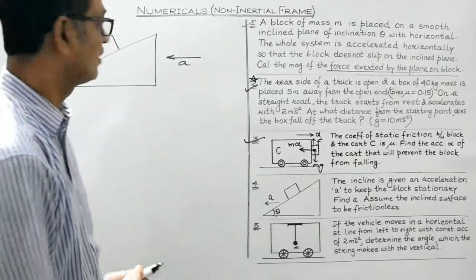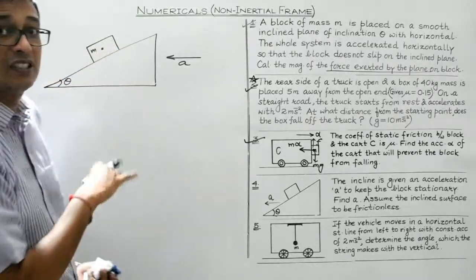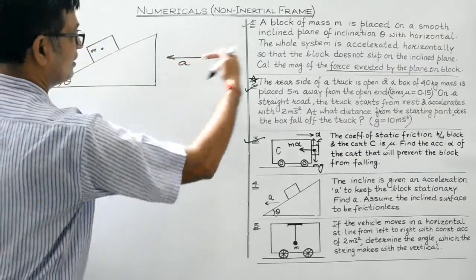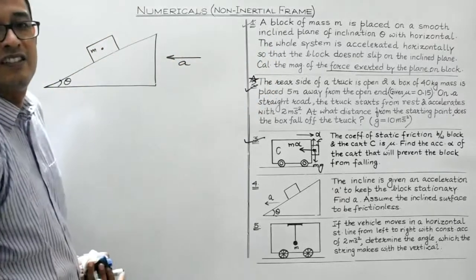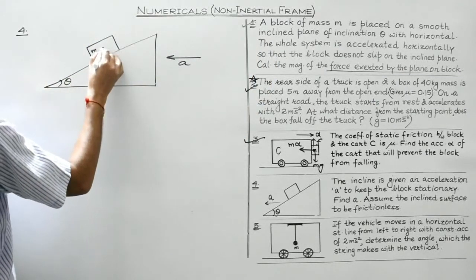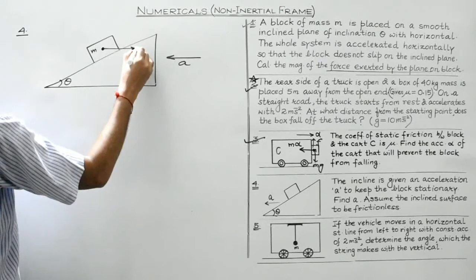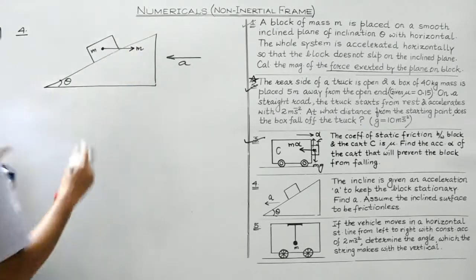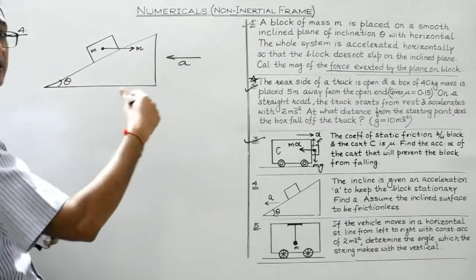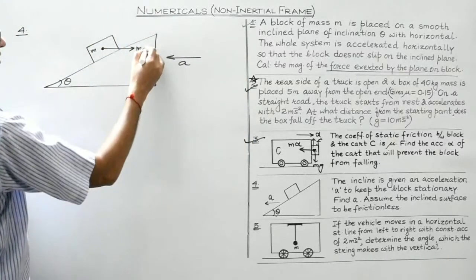As I told you, students, this block can be kept stationary with respect to the inclined plane if this inclined plane is accelerated along this direction, so that this block will experience a pseudo force along this direction. And the magnitude of that pseudo force will be given by the product of the mass of this block multiplied by the acceleration with which the entire system is being accelerated.